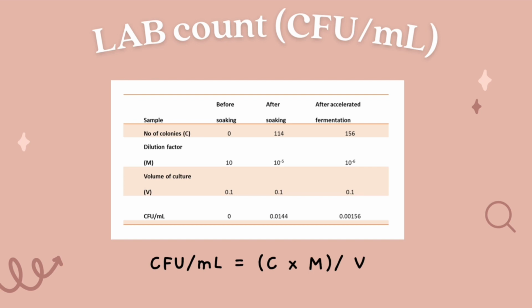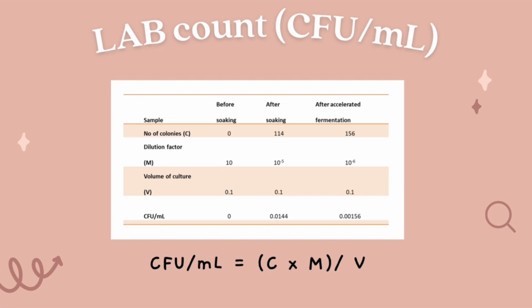Please note that during the soaking process, the water that was suspended on the MRS agar was diluted 5 times, while the water that was suspended on the MRS agar for the after accelerated fermentation process was diluted 6 times. The serial dilution is necessarily done in order to obtain a desired colony growth within an acceptable range of 30 to 300 colonies.